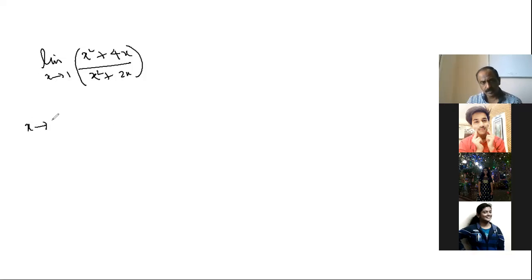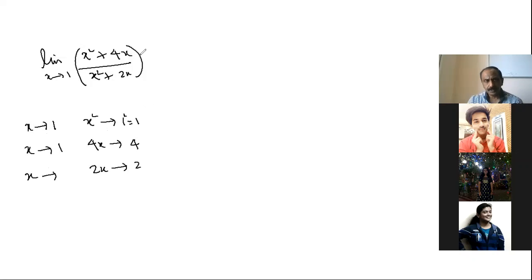When x is approaching 1, x square will approach 1 square, which is 1. 4x will approach 4. 2x will approach 2. Do you agree with this? Yes, sir. That means numerator will approach 1 plus 4, denominator 1 plus 2. So 5 by 3 is your answer. Did you understand? Yes, sir.